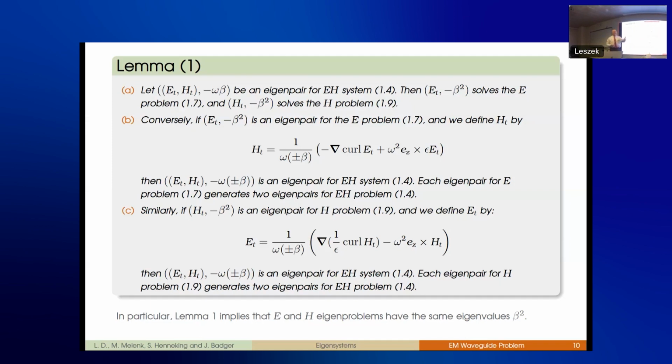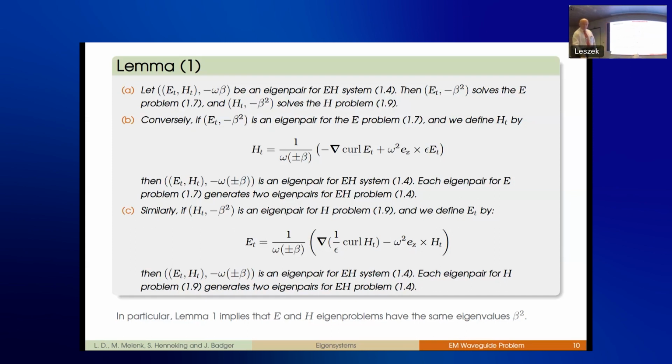Okay, I already discussed that, but now it turns out that if you have a solution to the E eigenvalue problem and you define H using the same formula we used to eliminate H, then the pair ET, HT solves the EH eigenvalue problem, right? And the key point here is that as you go from beta squared to beta, there are two ways to go, beta and minus beta. Therefore, you get not one, but two eigenpairs. Remember that, because that's going to be a critical piece of information in a moment, right?